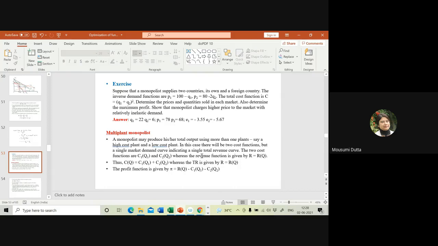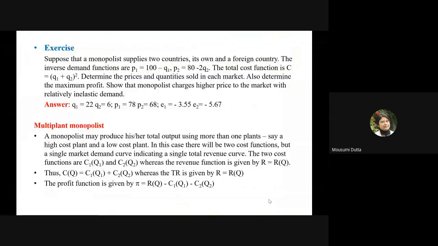So the unique MR curve will be equated to the total marginal cost, which has been generated by horizontally summing MC1 and MC2. This is the idea. Once we get the total output to be produced, in the second step, how much should be produced in plant 1 and how much in plant 2 will be decided.